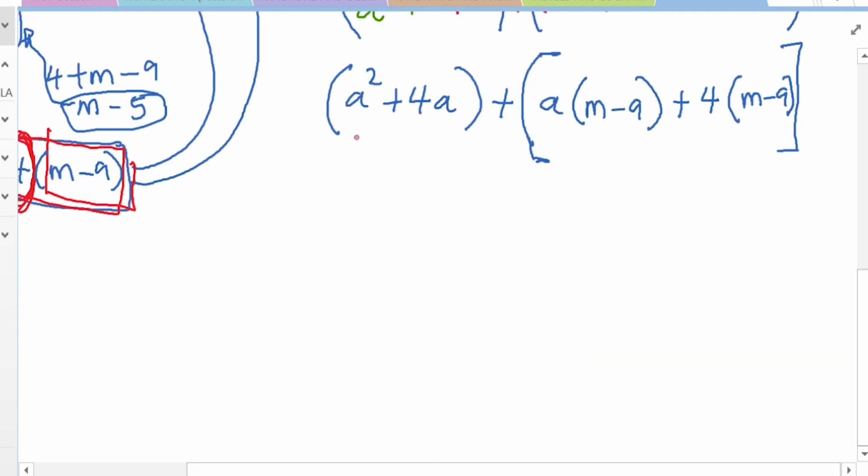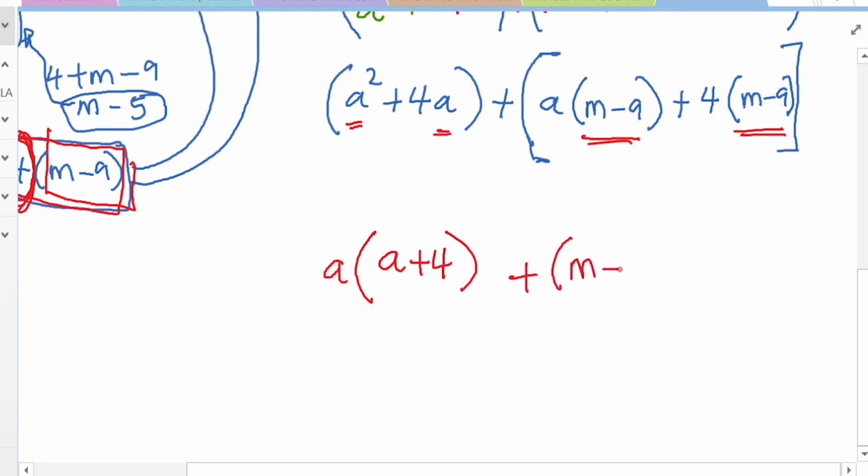So from here, the common one is a, so put a outside the brackets into a plus 4. Then it's going to become plus. What is common? We have m minus 9 and m minus 9 as common, so we put those outside the brackets, m minus 9 outside the brackets into, what is the remaining? It is a plus 4, into a plus 4.